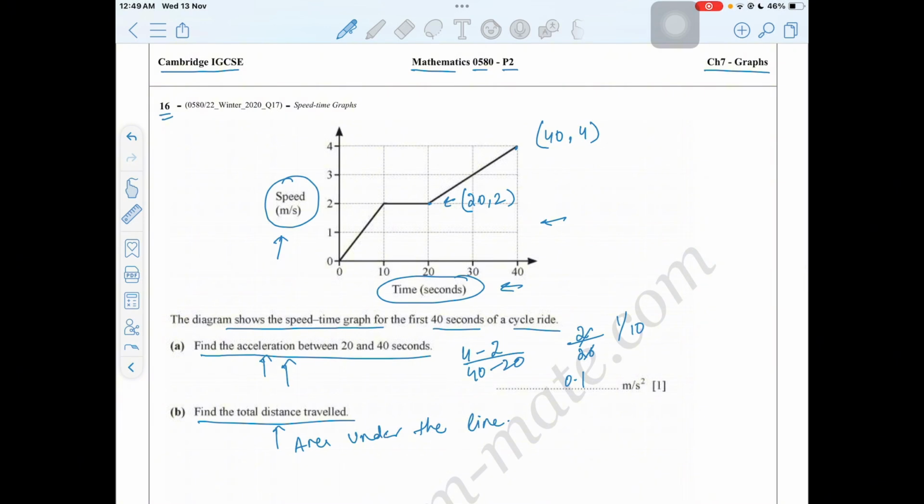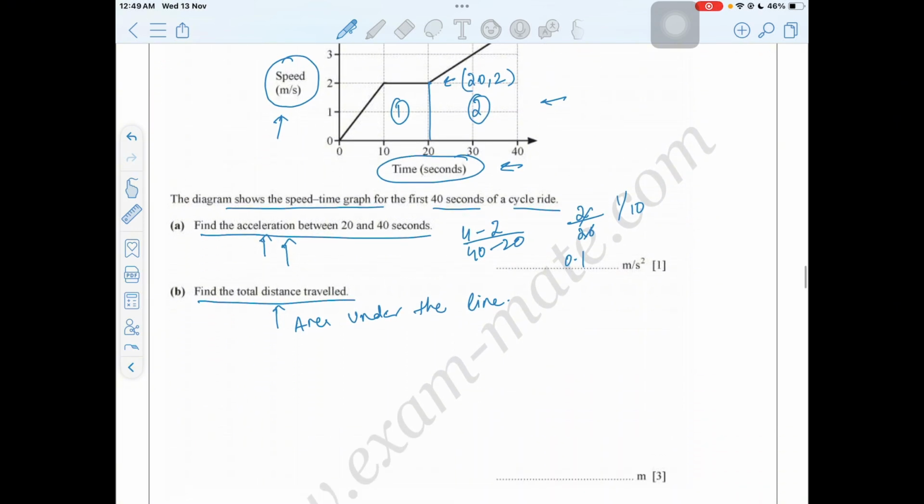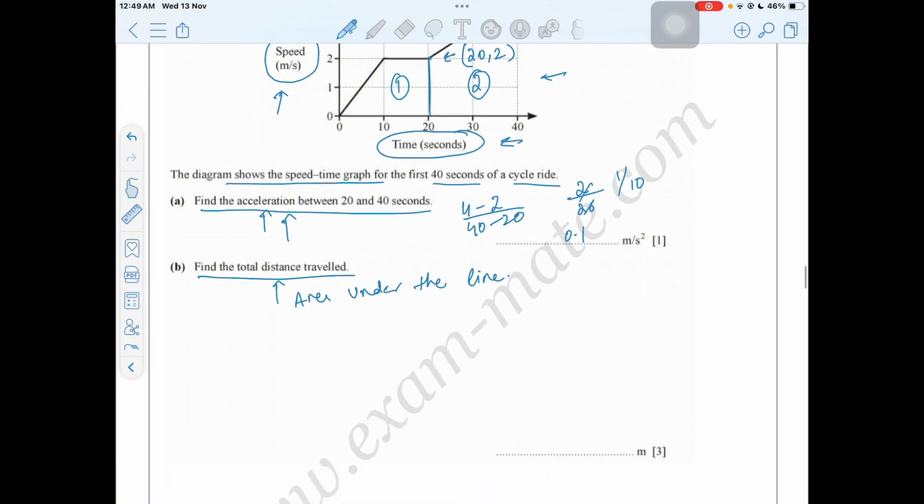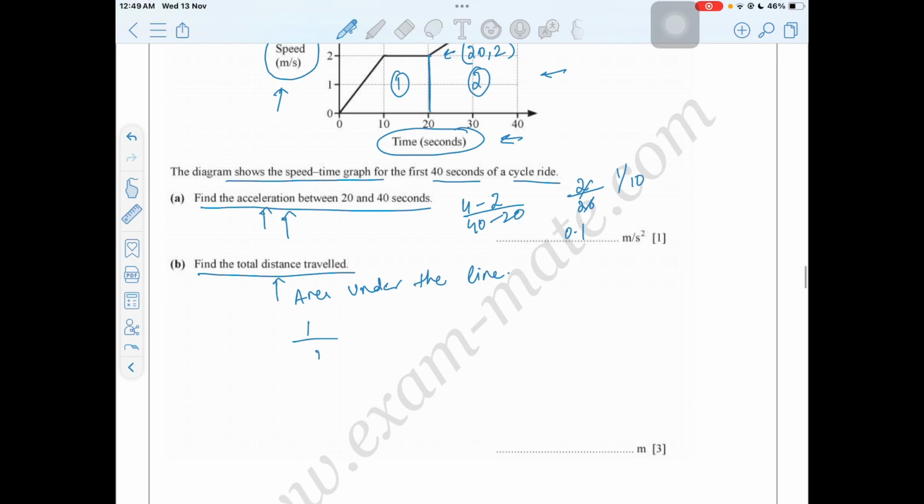So we can break it down, or let's just take these two trapezium. This is the first one, and this is the second one, right? So we have height of 2 here, and the parallel sides are 10 and 20. This would be 10 plus 20 is equal to 30.